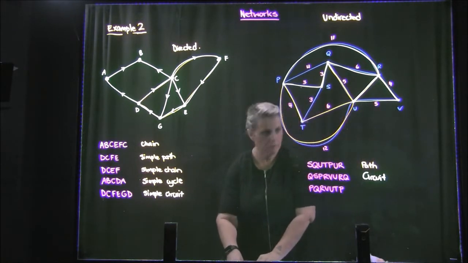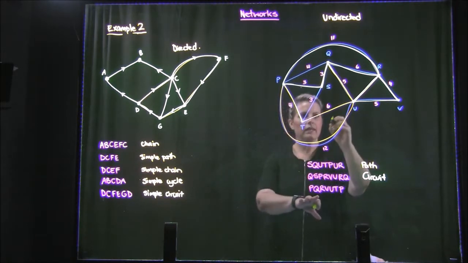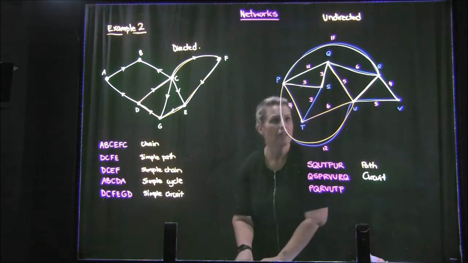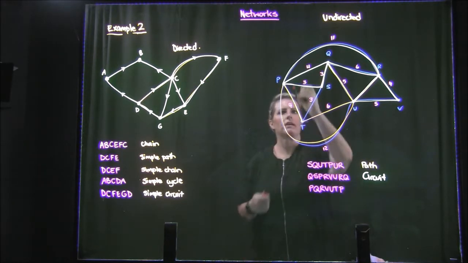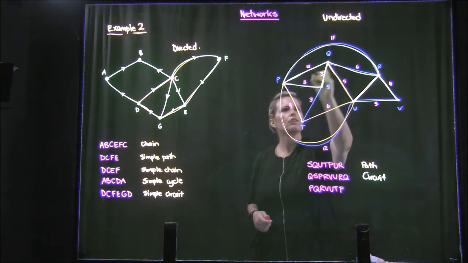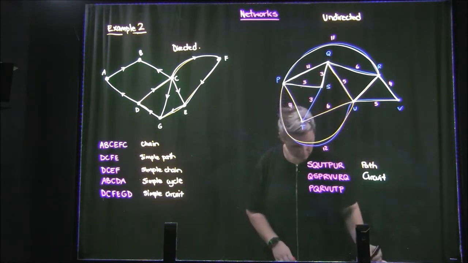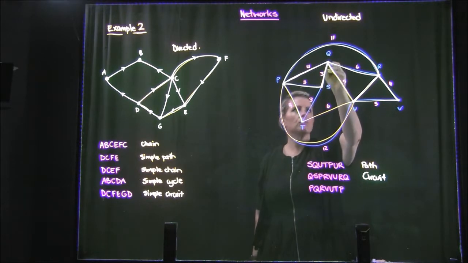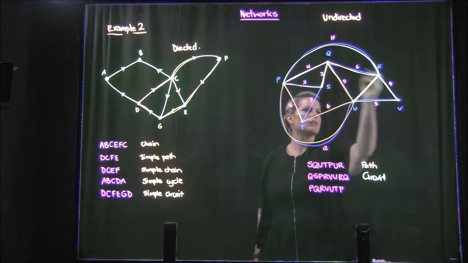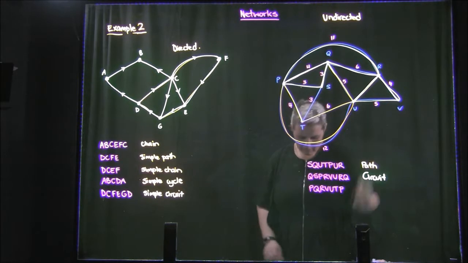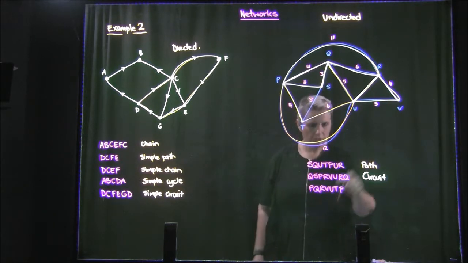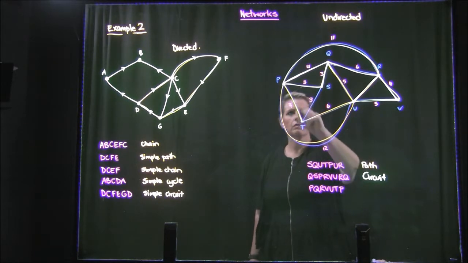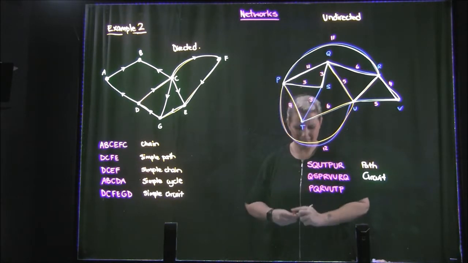Lastly, we have, let's go yellow, P, Q. Oh, yellow doesn't turn out very well. Pink, let's try pink. P, Q, R, V, Q, R, V, U, T, P. So U, T, P. Okay, that one's kind of hard to see.